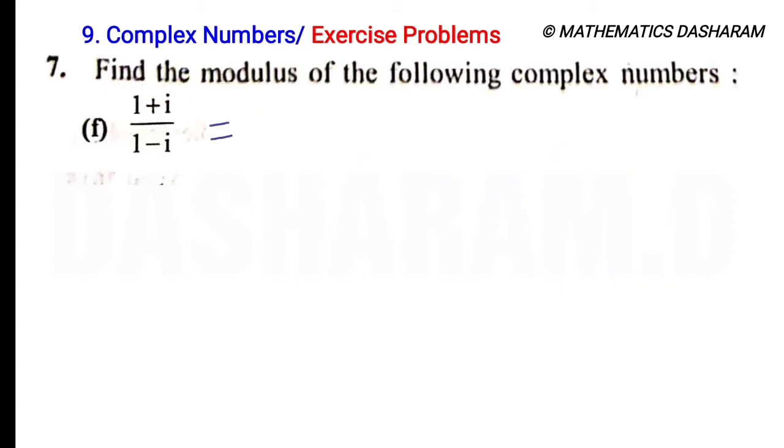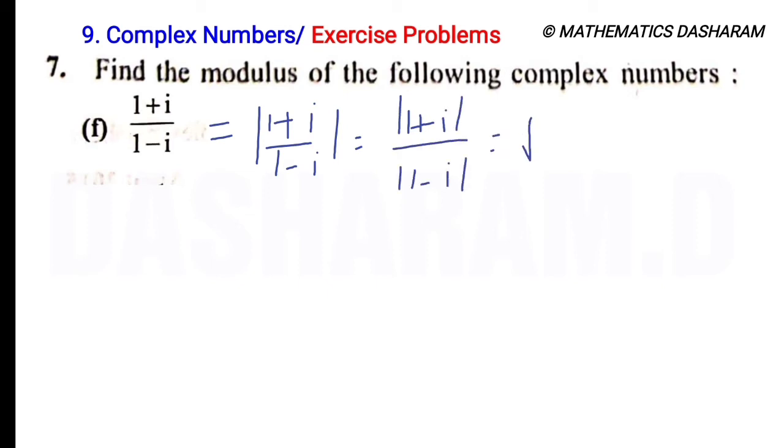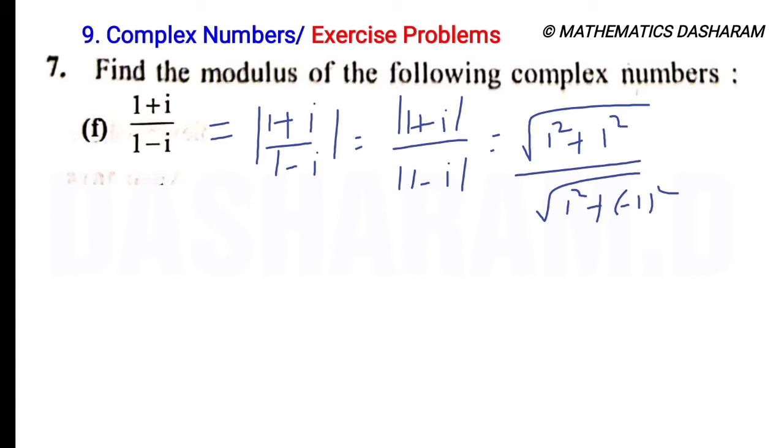Question number F, mod 1 plus i divided by 1 minus i. So mod 1 plus i divided by mod 1 minus i. So under root x square, x value is 1 and y value is also 1. Next, here 1 square and y value is minus 1.